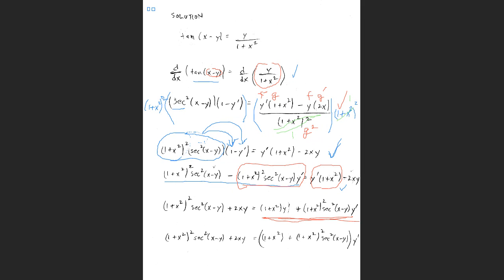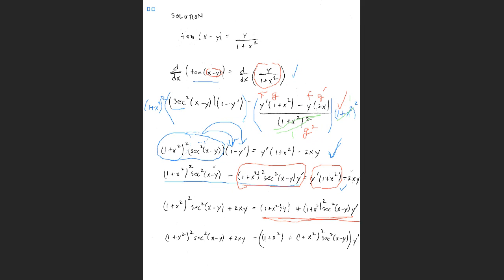So what I did was I added 1 plus the quantity 1 plus x squared secant squared x minus y prime to the right side. And I added a 2xy.